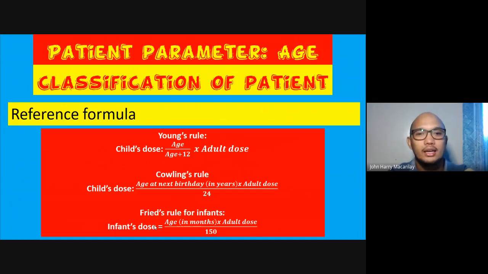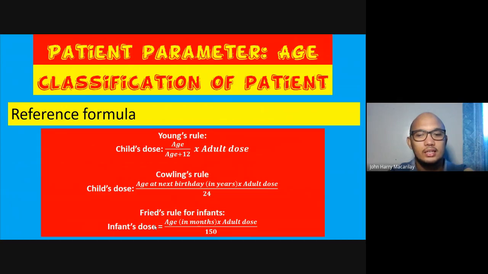For Young's rule, child's dose is equal to age over age plus 12 times adult dose. For Cowling's rule, child's dose is age at next birthday times adult dose divided by 24. For infant's dose, you have age in months times adult dose over 150.